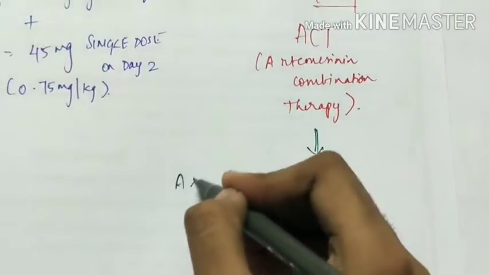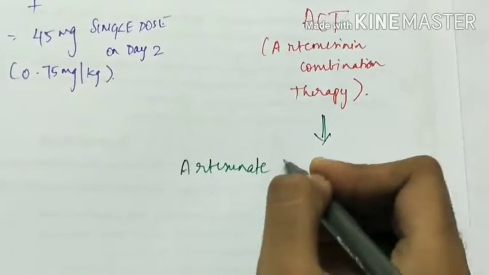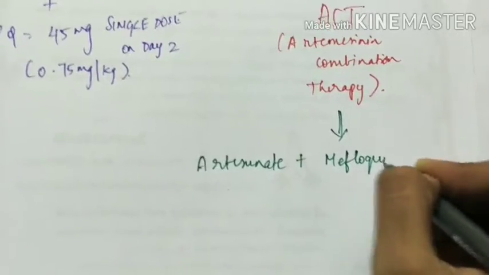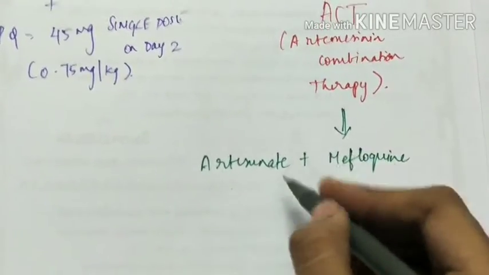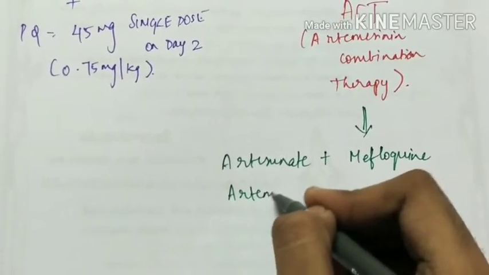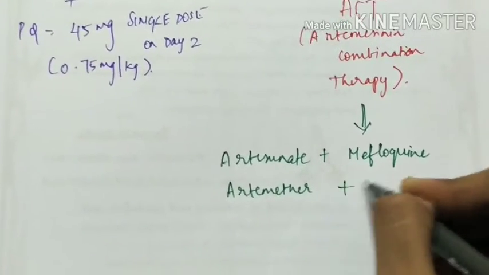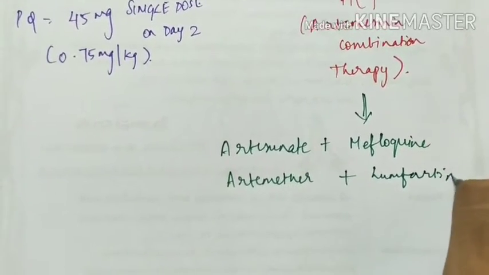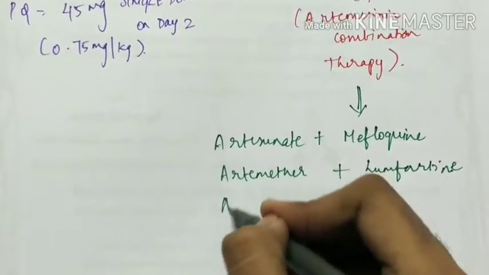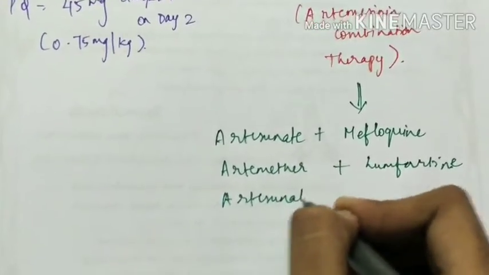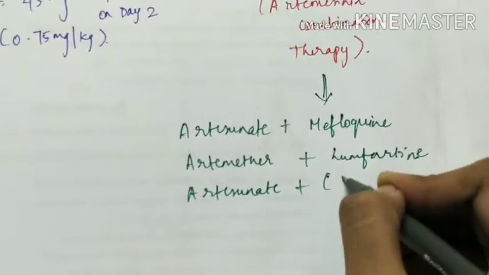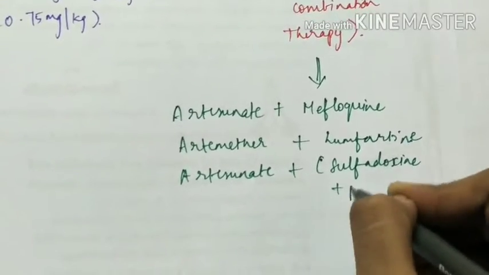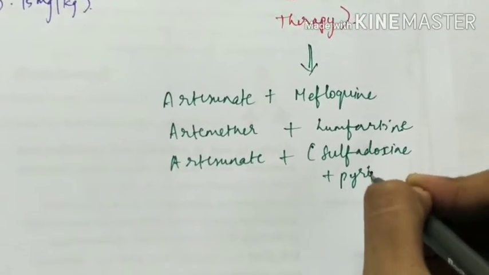This is artesunate along with mefloquine, artemether along with lumefantrine, and artesunate along with sulfadoxine and pyrimethamine combination.